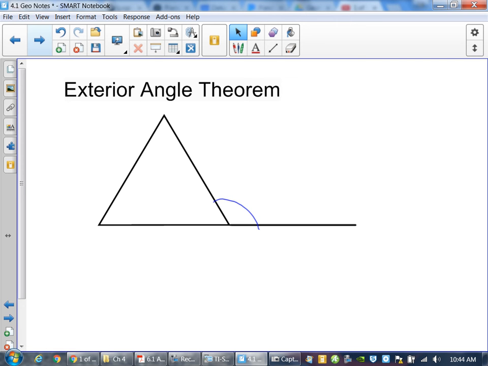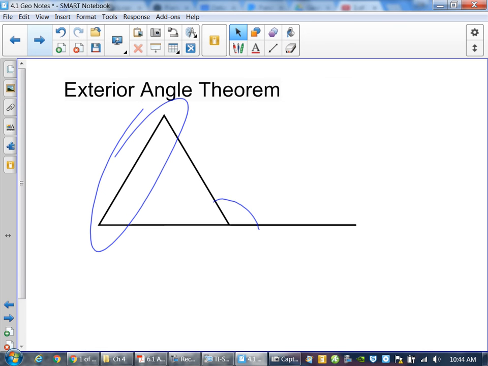An exterior angle is an angle that's on the outside of a triangle, or outside of any shape. You can always get exterior angles. This exterior angle will always equal the sum of the 2 angles it doesn't touch. And we did the proof of that last week when we talked about congruent supplements, I believe.